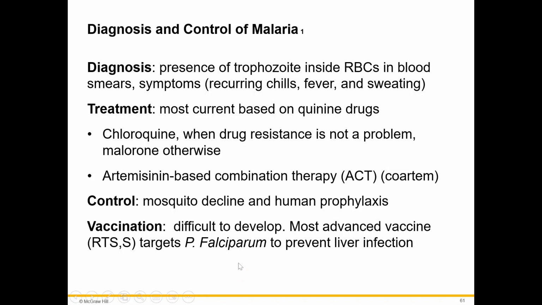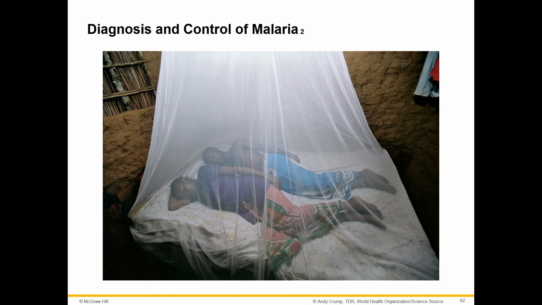It's basically just there to help prevent liver infection. And also, please use bug nets to prevent even getting bit by that mosquito species, so you don't get different plasmodium infections.